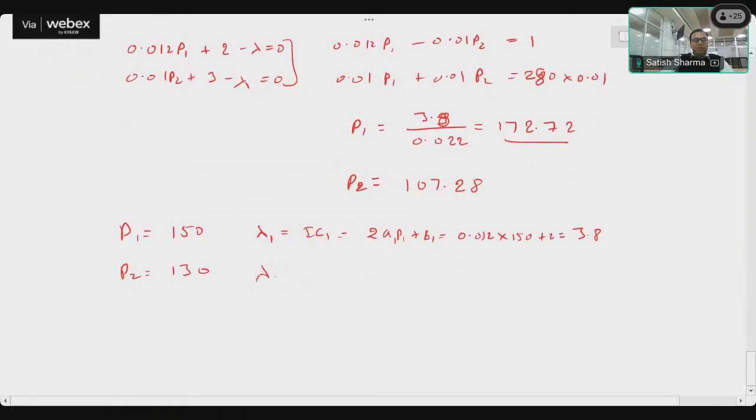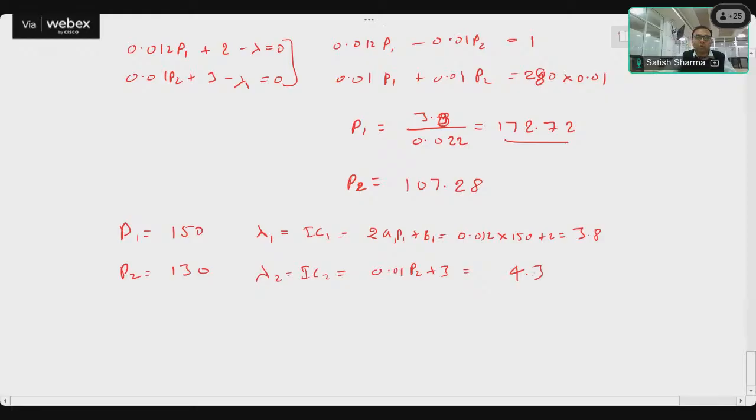And if I calculate lambda 2, which equals IC2, that will be 0.01 P2 plus 3. If I put 130 here, 0.01 into 130 plus 3 is basically 4.3.